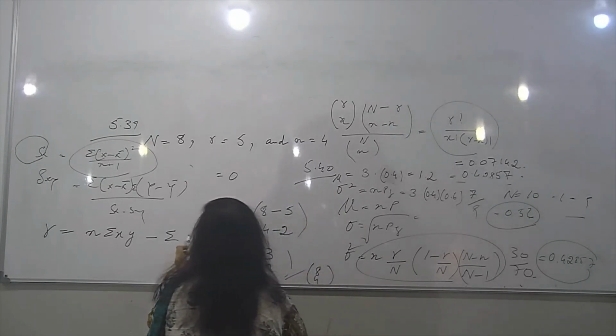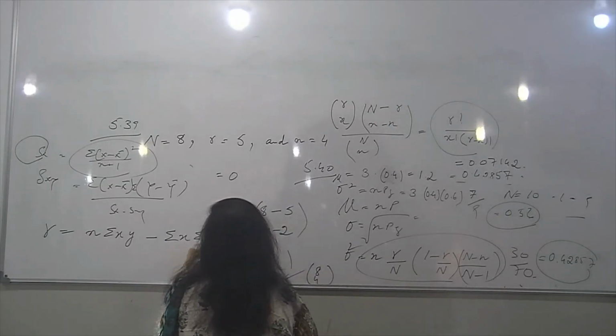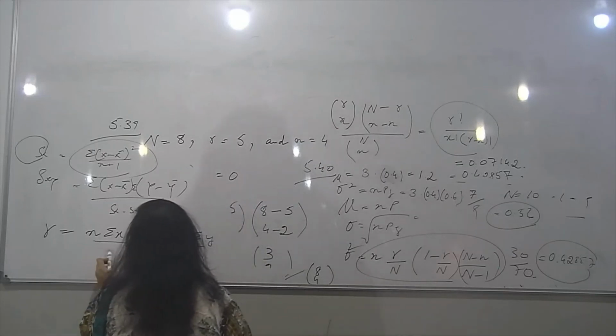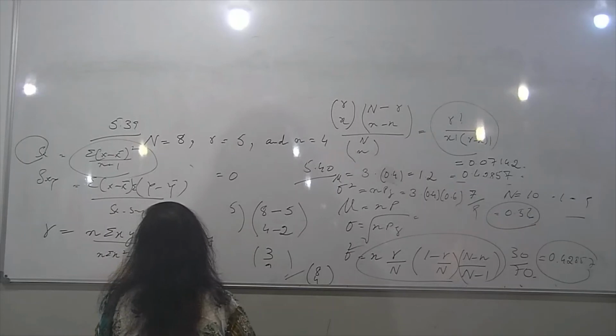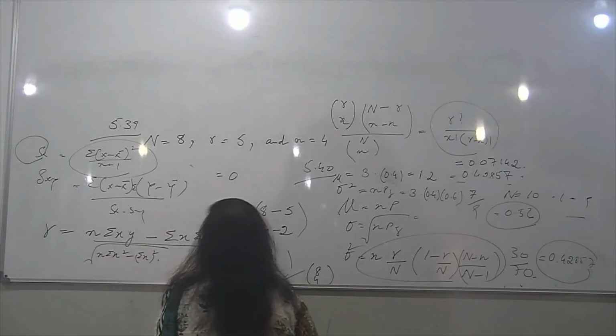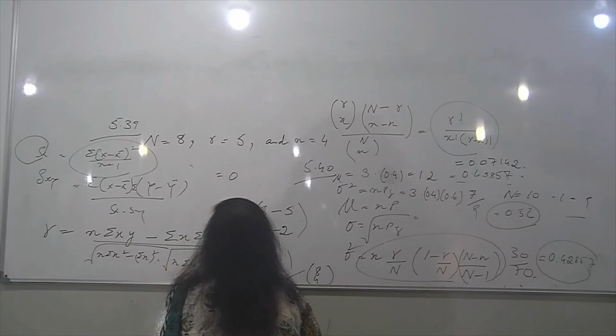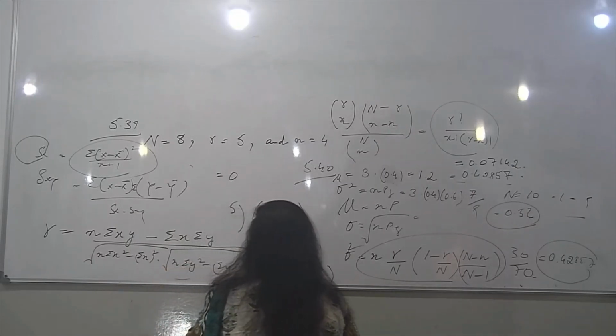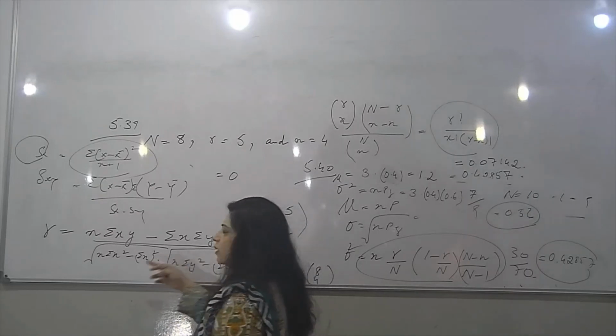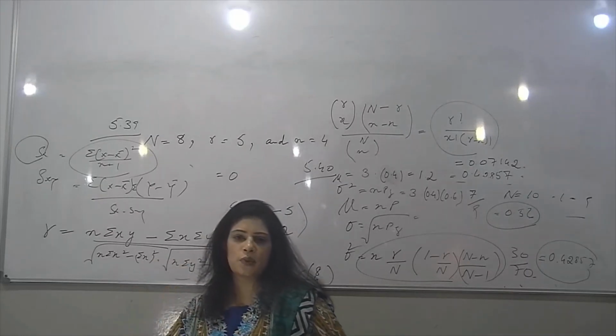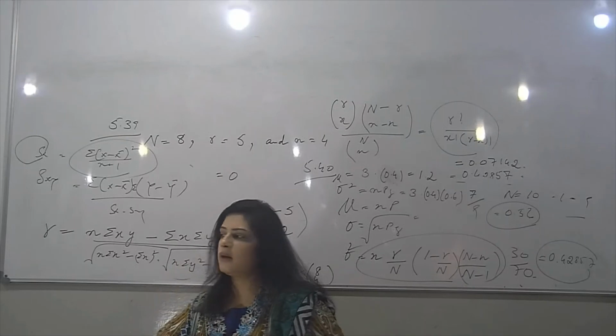So you have minus summation x into summation y over, then you have the square root of n summation x square minus summation x whole square, into another square root of n summation y square minus summation y whole square.